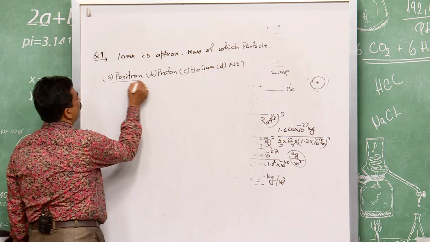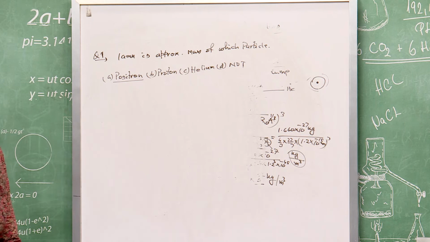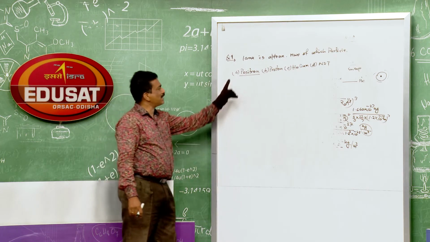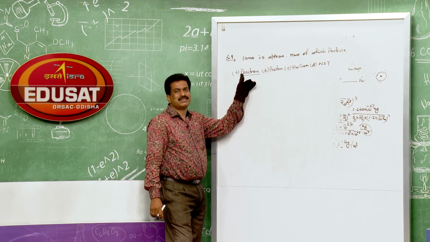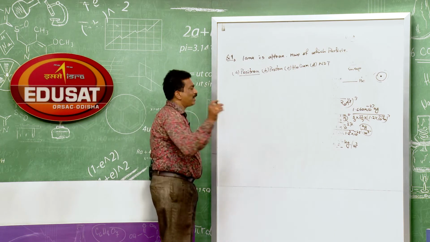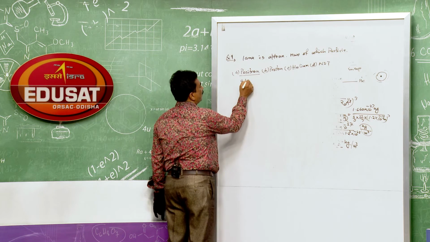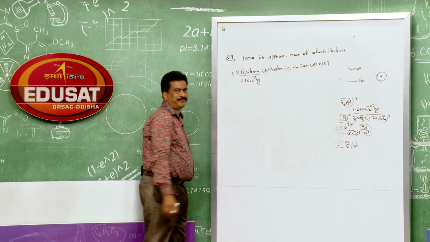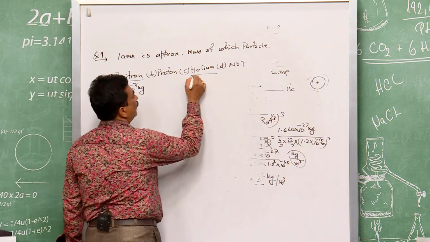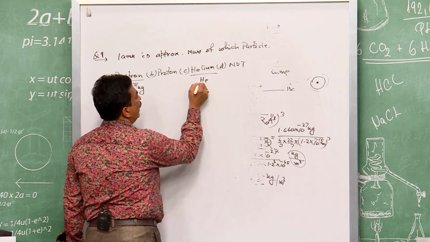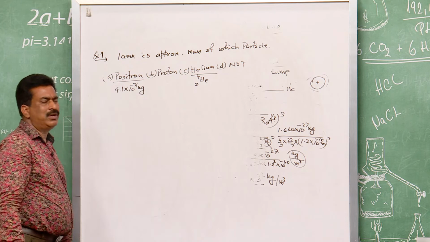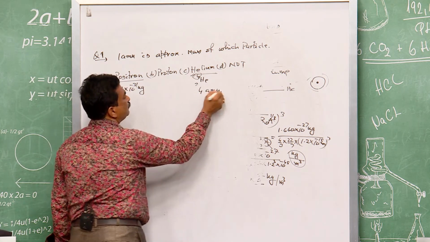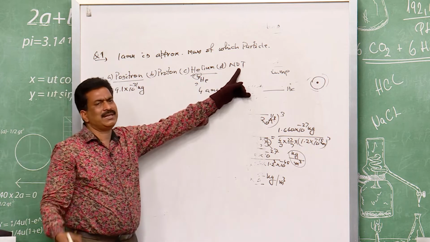Look at the positron. Positron means the positive charge of an electron. So the charge is positive, but what is its mass? That of the electron. What is the electron mass? 9.1 into 10 to the power of minus 31 kg. And for the helium, He with 2, 4, its mass is nearly 4 u. The fourth option we said is none.